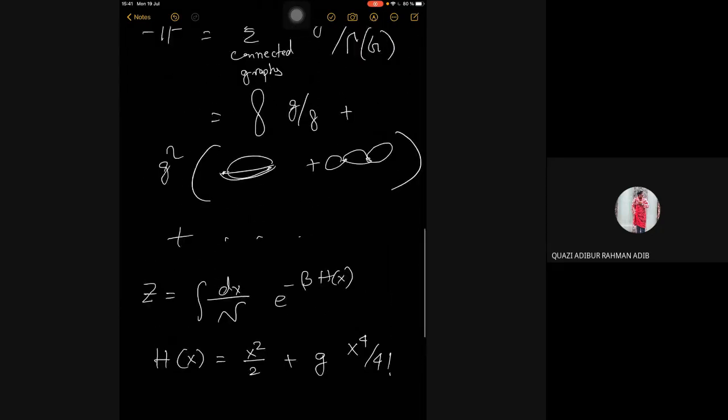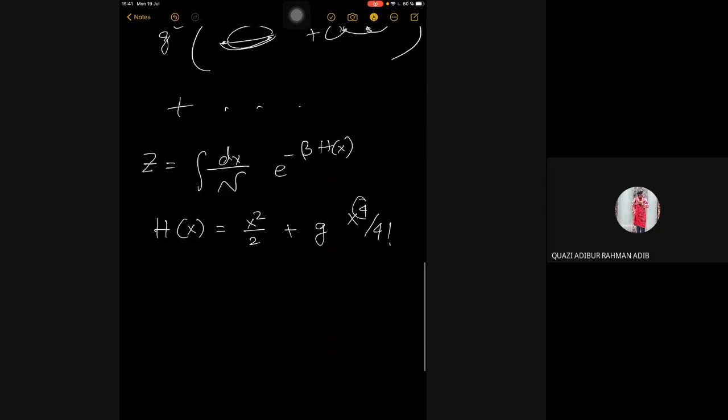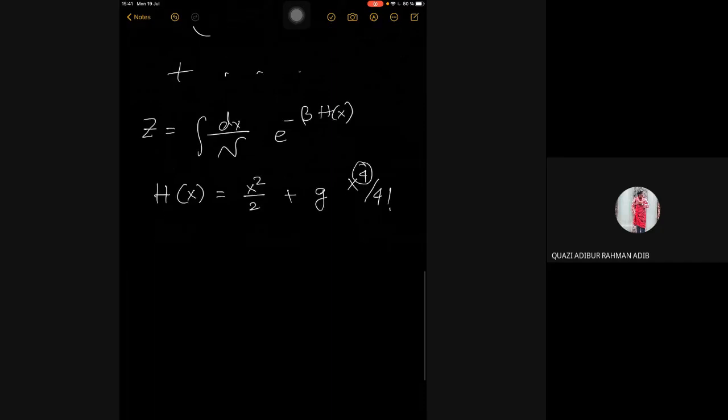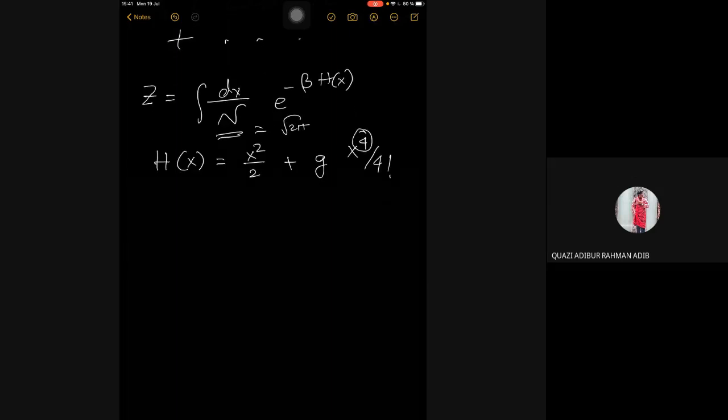We saw that I can generate graphs of valency 4 using this partition function. Here n is the normalizing factor, and we found it to be the square root of 2 pi. So using this, we can generate all my graphs of valency 4. So this 1 degree of freedom partition function generates all these.